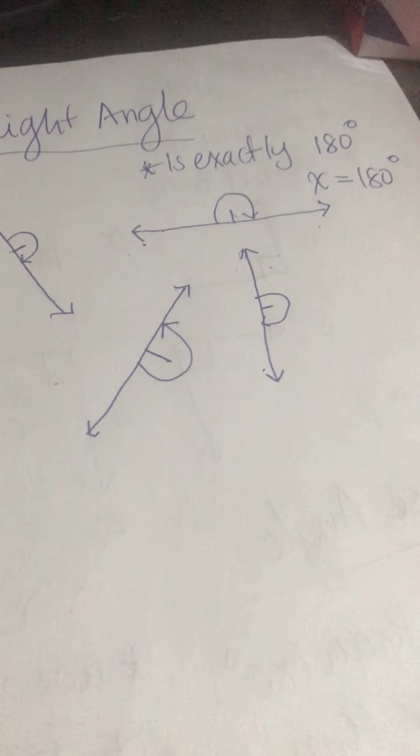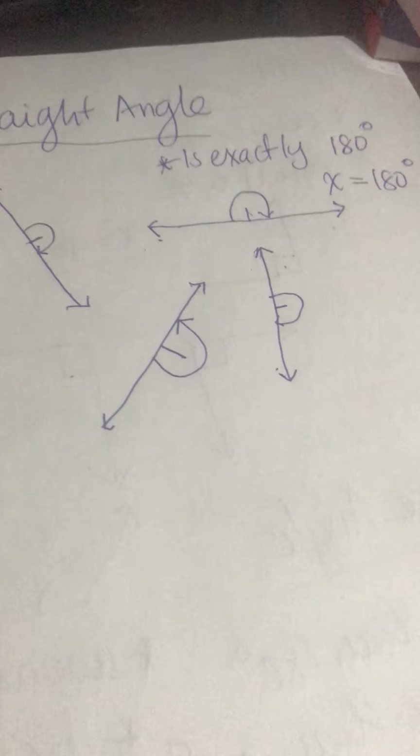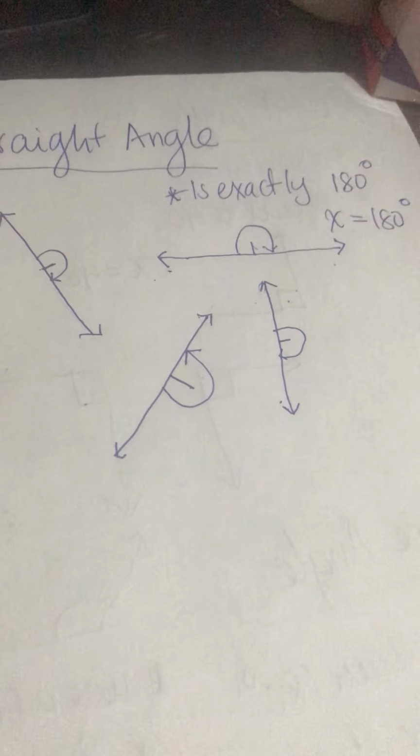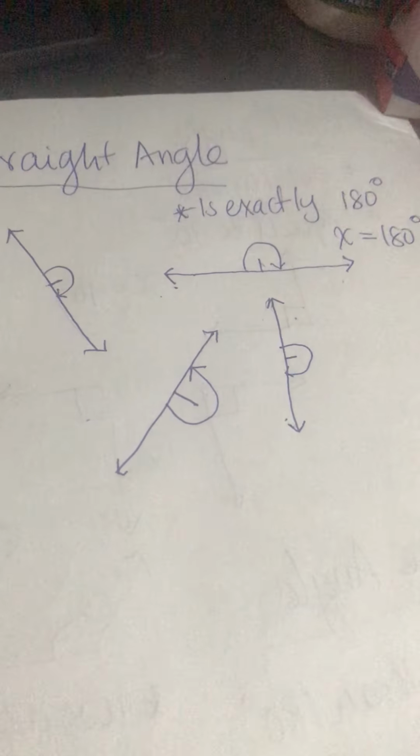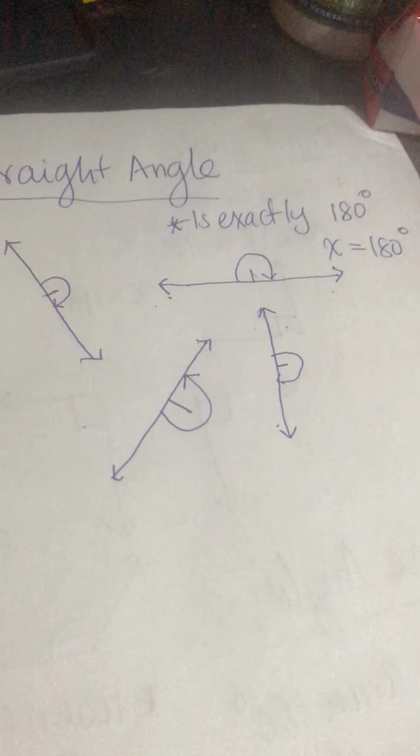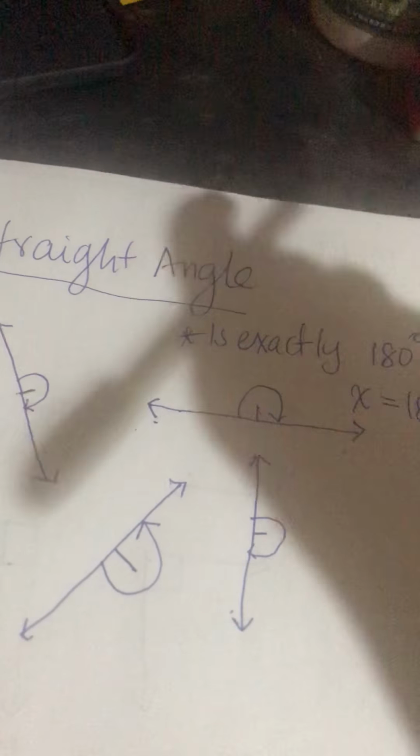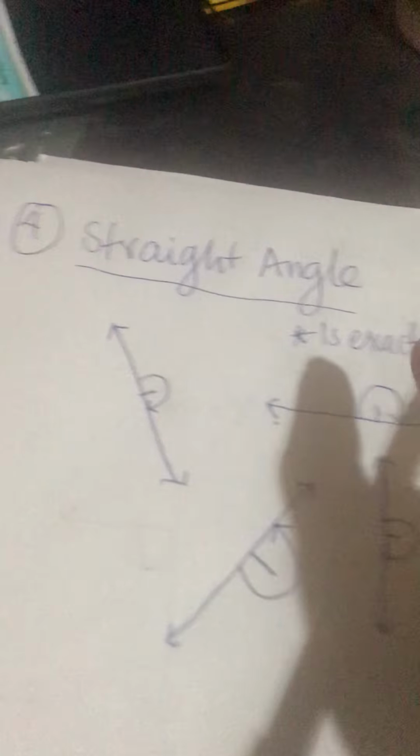X equals 180 degrees. You cannot use any other number other than 180 degrees. If you use another number, you are wrong. This is the only number you can use when you're describing the straight angle.